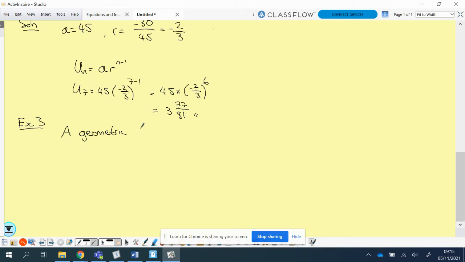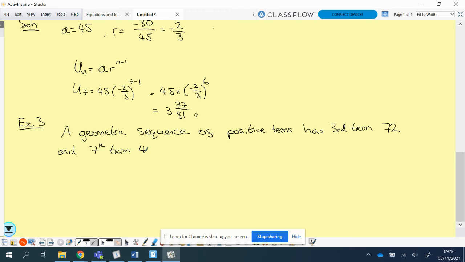A geometric sequence of positive terms has third term 72 and seventh term 4 1/2.